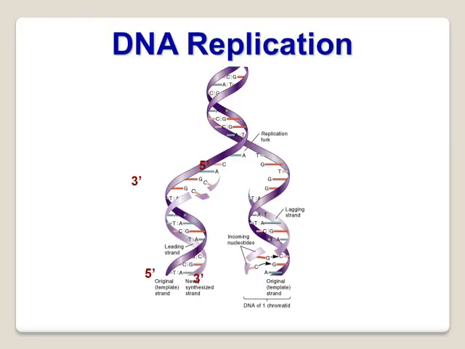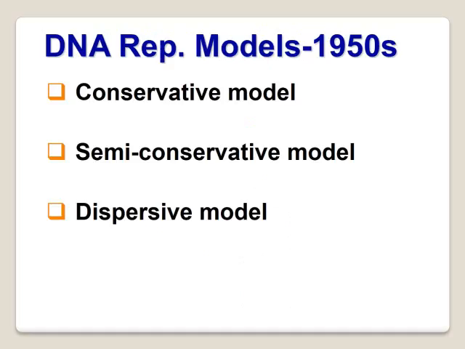No change, no alteration. There were 3 models that were proposed. There was a conservative model, semi-conservative model, and dispersive model. I'm going to ignore the dispersive model because this was immediately unaccepted, but we're going to focus on the conservative.